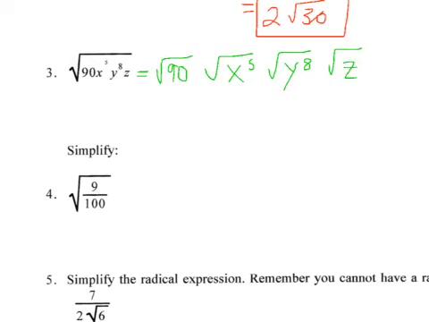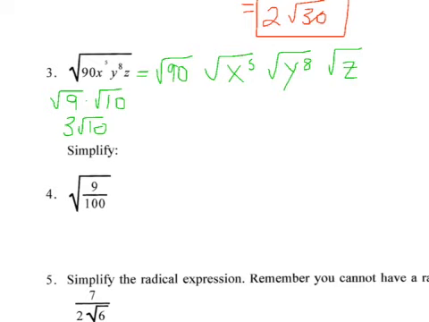So let's think of two numbers that multiply to 90, and hopefully one of those numbers we can take the square root of. If you thought of 9 and 10, that's great because we can take the square root of 9. It is 3. So 3 root 10 is the most that 90 can simplify to.